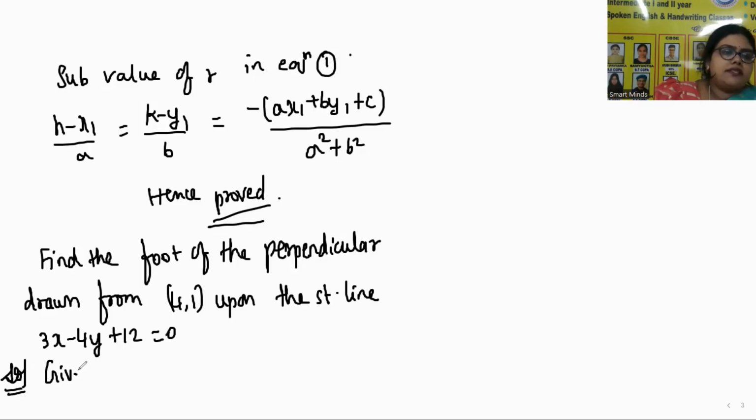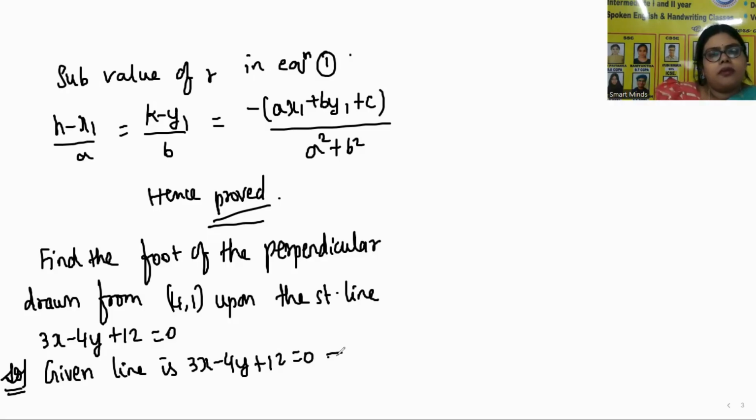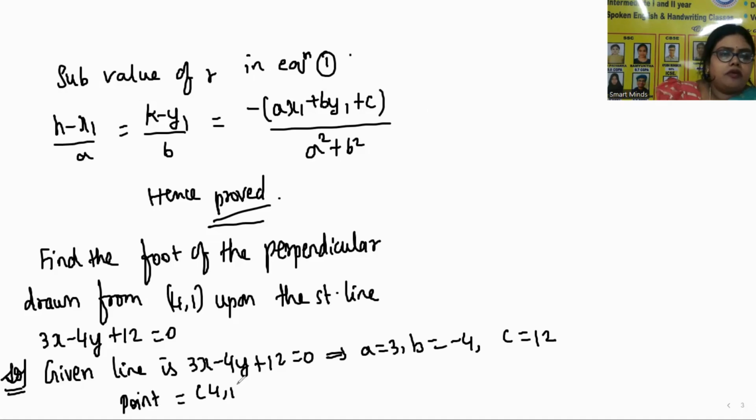So first let us write the given line. Given line is 3x minus 4y plus 12 is 0. So from line equation we will get a, b, c values. a is 3, b is minus 4, c is 12. And given point is (4, 1). We will take this as x1, y1.